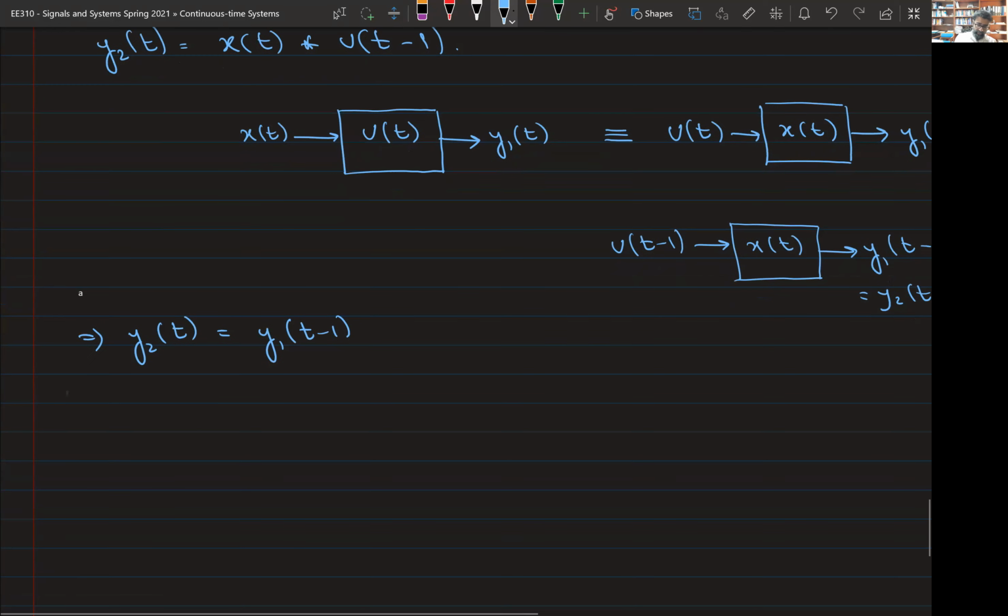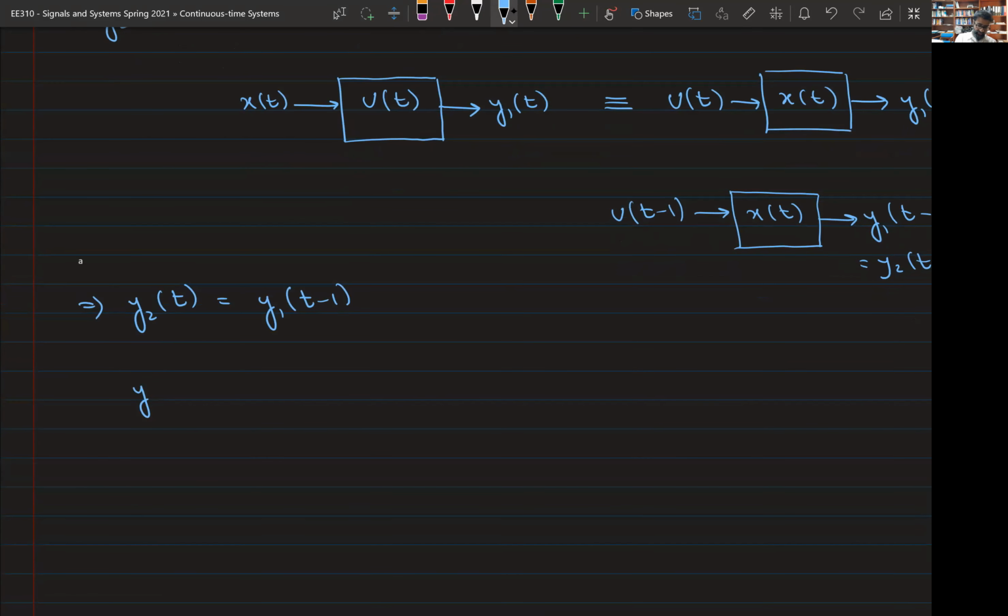So remember, y1 of t was of this form. Let me write this again: it is 0 for t less than 0, t squared by 2 for 0 less than t less than 2, and 2 for t greater than 2. If I were to sketch this out, what would the sketch be? This would be 0 here, then a squared increase, and then flattening off at time t equals 2.